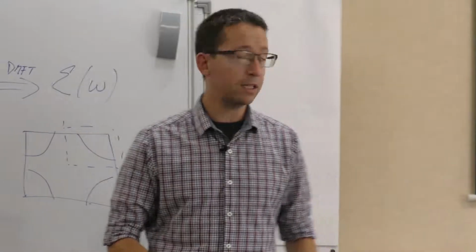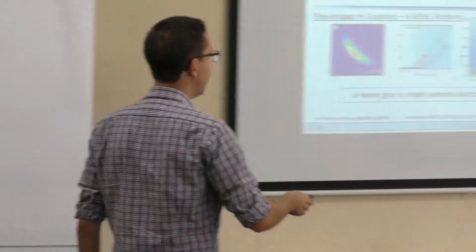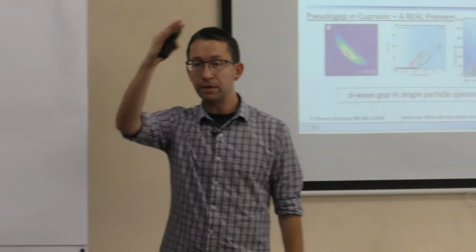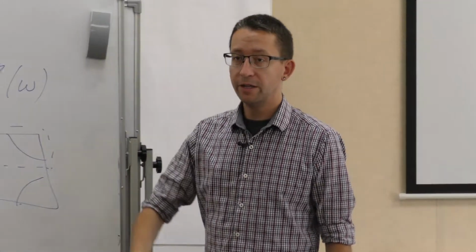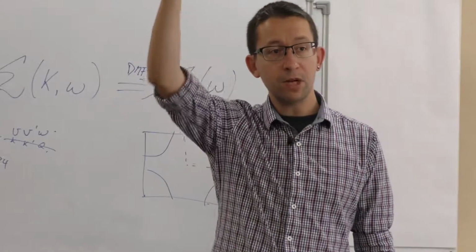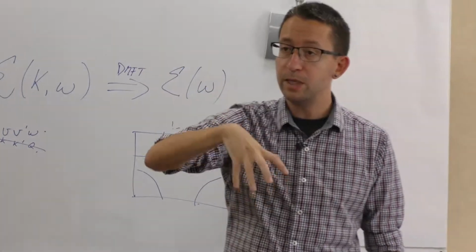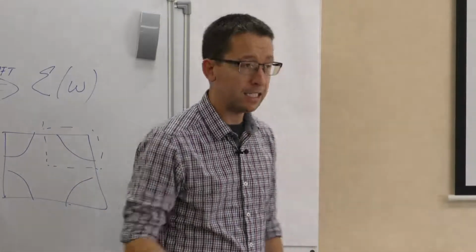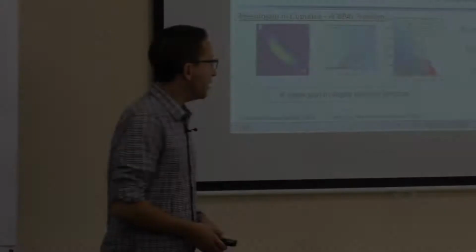They have a D-wave-like form factor. And then they can trace where in phase space they exist, and they live somewhere up above a superconducting dome. So there's a lot of controversy as to what is the origin of that phase, because as you come down in temperature, before you become superconducting, you go through this pseudogap phase, okay? At least for some region of doping. And so this is a big issue.